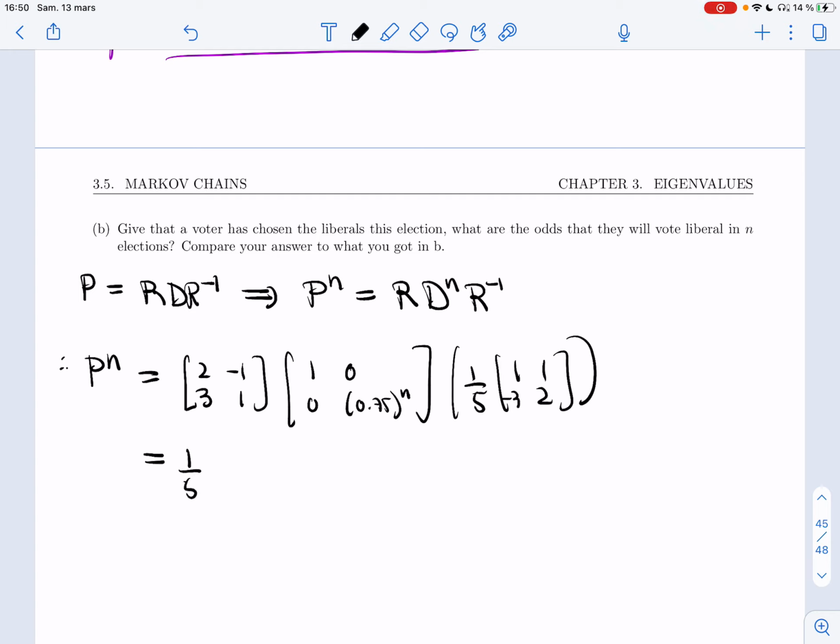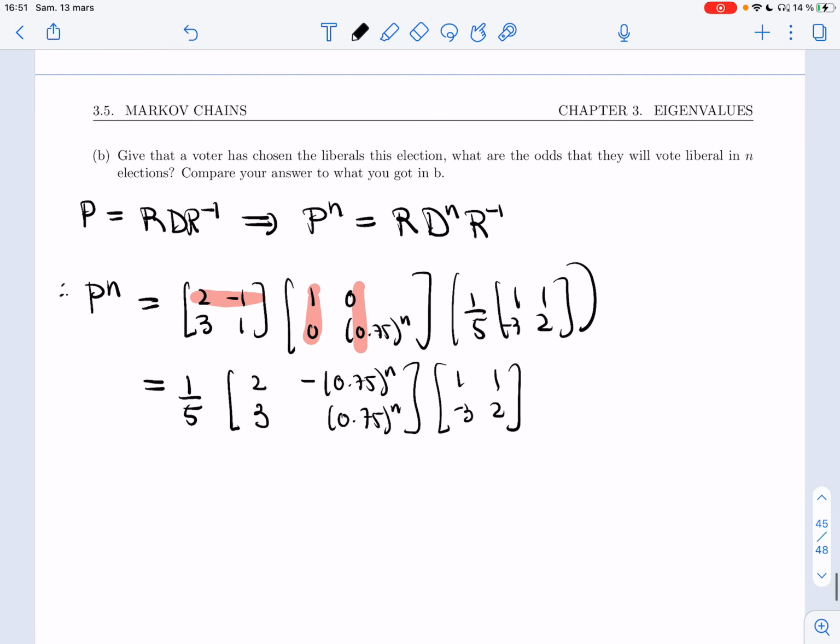All right, let me pull the 1 over 5 up front. I'm going to multiply these two first, let's say. So I get 2, and then here I get minus 0.75^n. Then I get 3, and I get 0.75^n. And so that's 1 over 5.